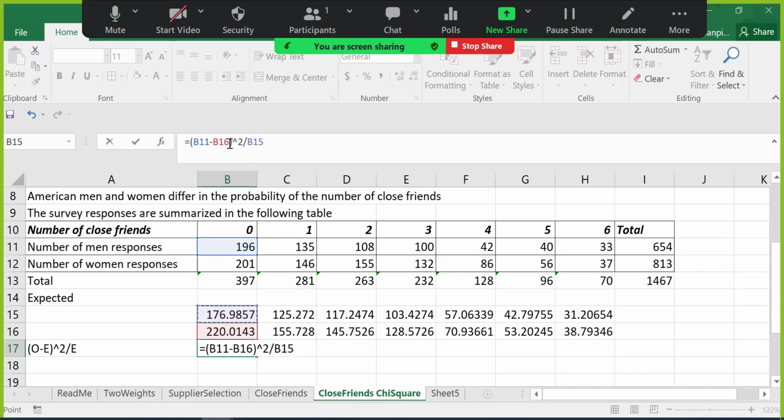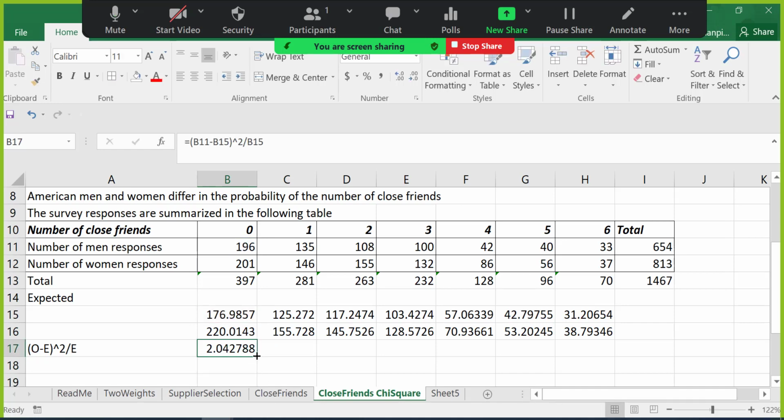B11 minus B16 divided by B6 minus B15. So this is the observed minus expected squared, divided by expected.